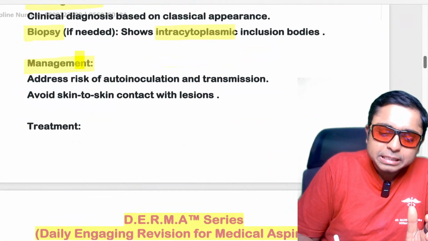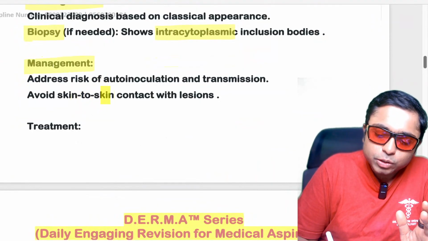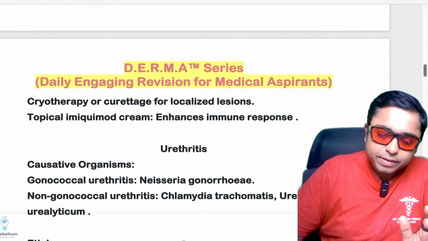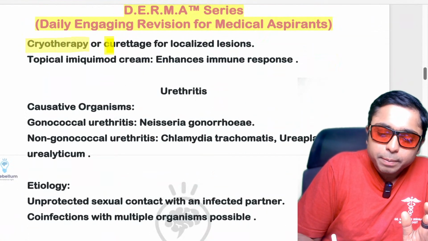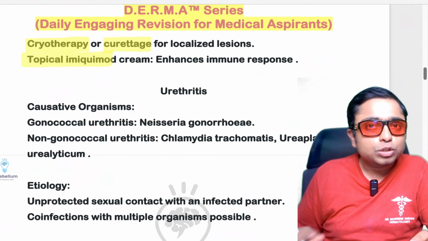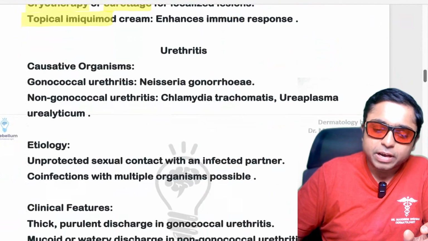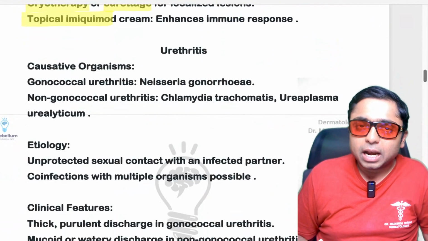So management, this is a self-limiting condition, but if treatment is asked for, then we can use cryotherapy, curettage for localized lesions, and topical imiquimod can also be used for the same purpose. It is an immunomodulator, just like we are using it in the viral warts.